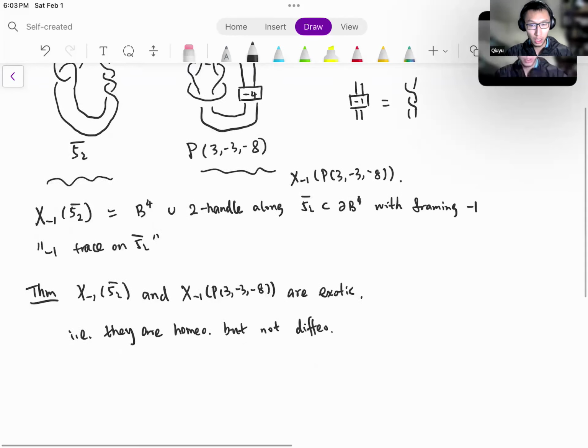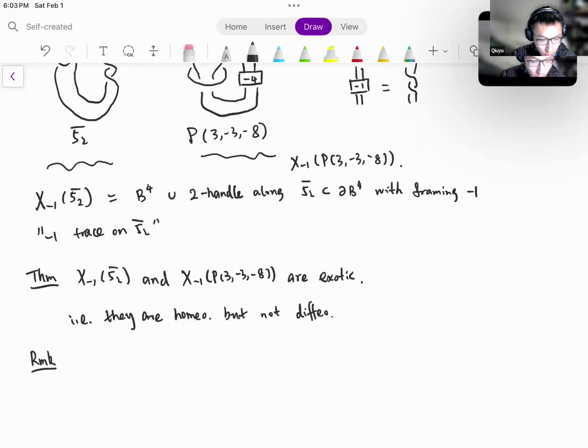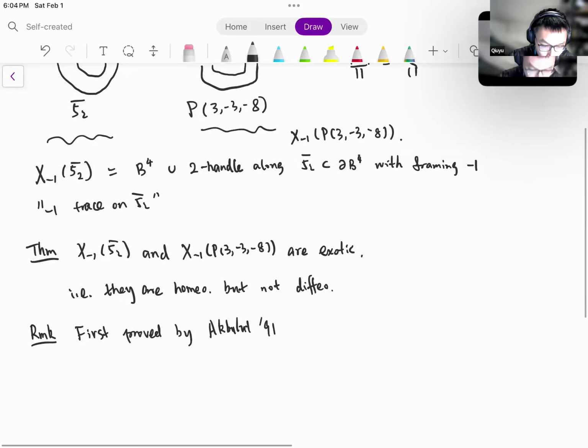But before doing that, I must first make a remark, which is that this pair of examples was not originally due to us. This theorem was first proved by Akbulut in '91.